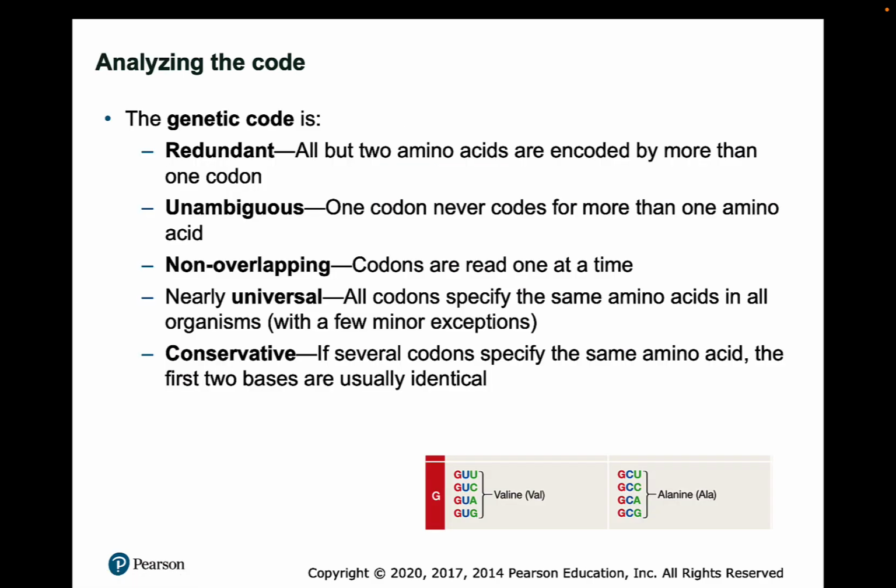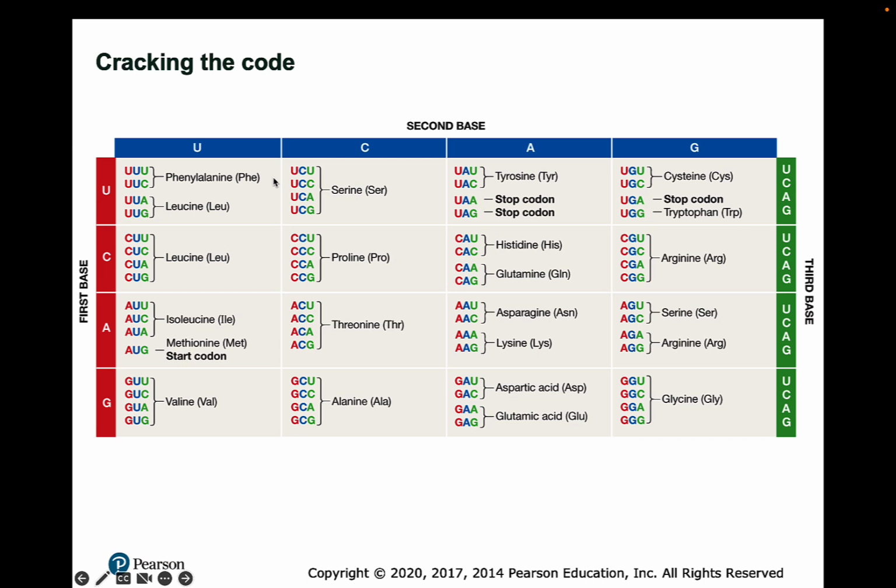So a couple more things about the genetic code. The genetic code has some redundancy. All but 2 amino acids are encoded by more than one codon. So let's go back and look at this. We have methionine, that's our start codon. It's only encoded by one codon.